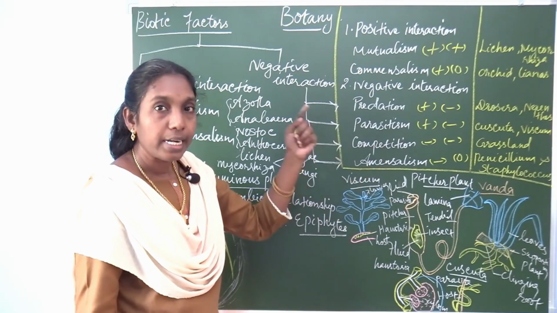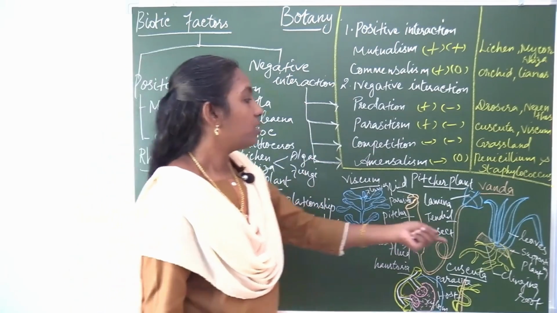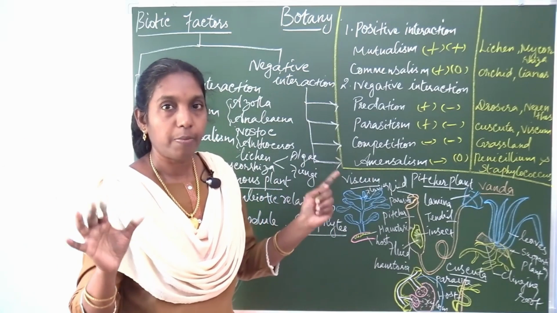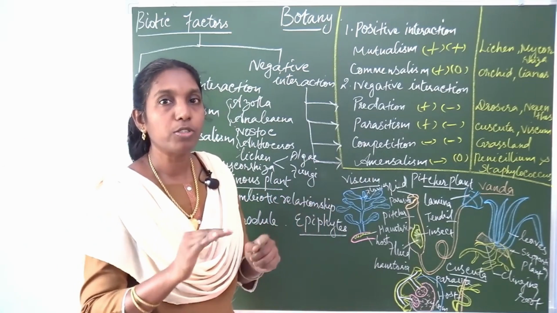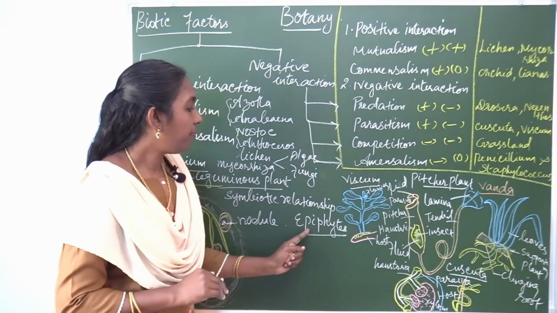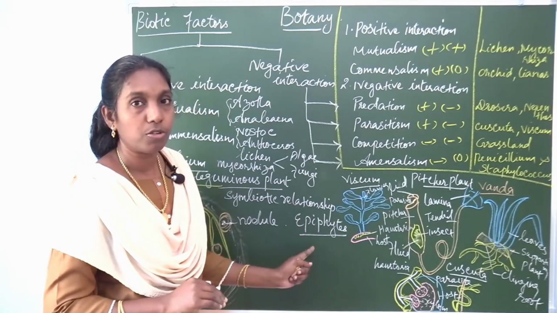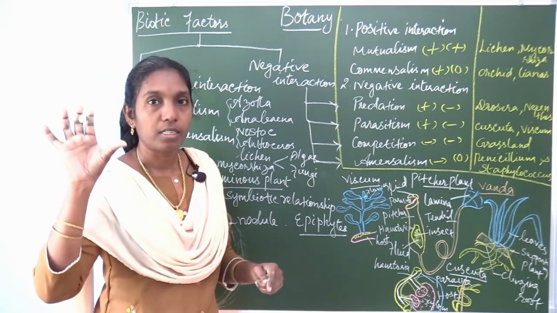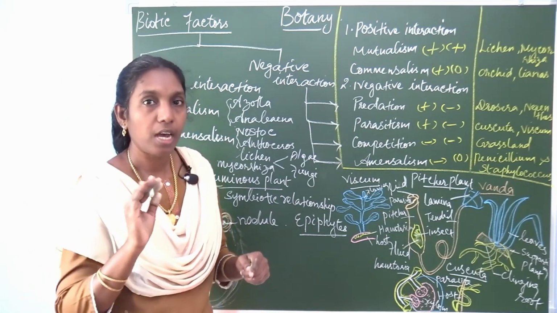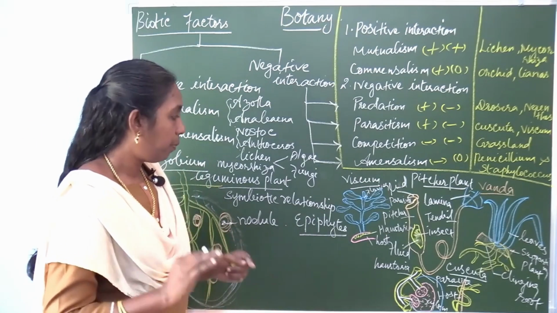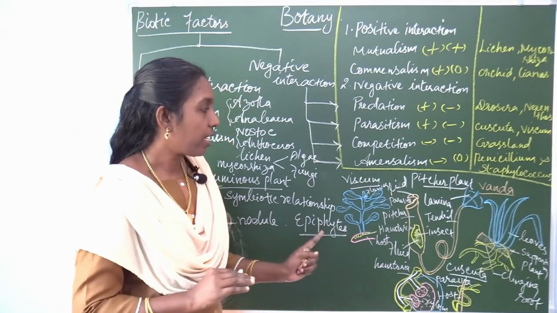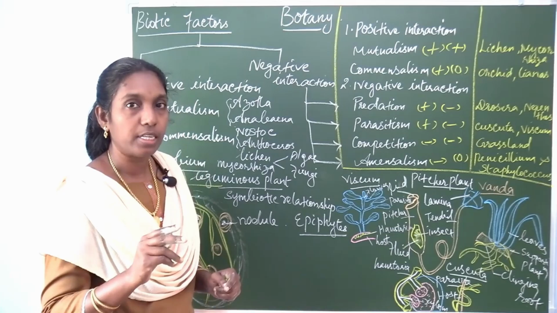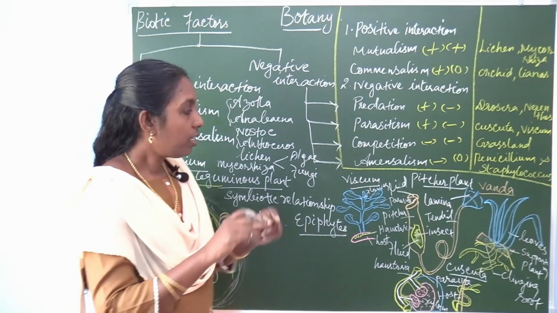So if you keep this orchid on other branches, it never harms the host. Most orchids, as you may have seen, just get shelter on the branches of higher trees. It has specific roots. There are two different types of roots, the clinging root and the other.